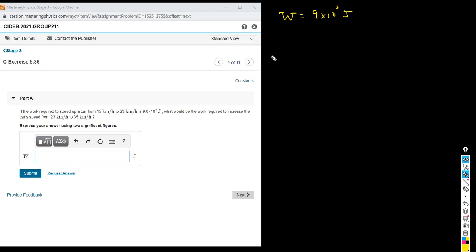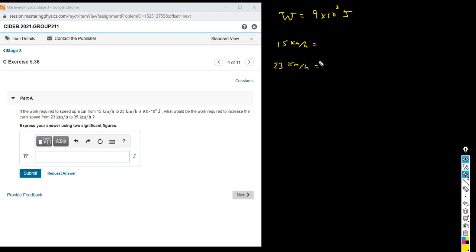Let's see. So we need this much work in order to speed up the car from this velocity to this velocity. Once again, guys, we need to transform these velocities into meters per second. This is the initial velocity, I want to transform it, and this is the final velocity of the car, and I want to transform it.